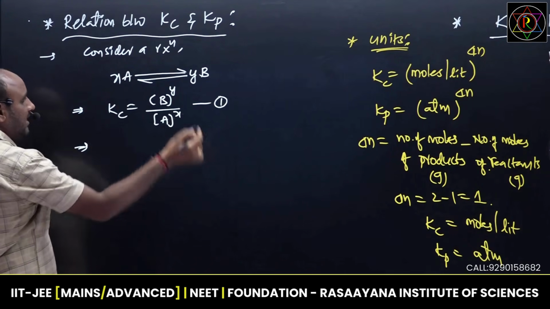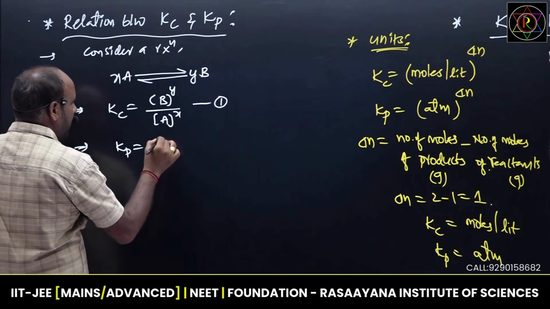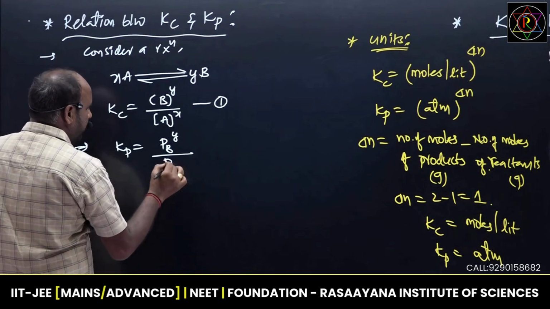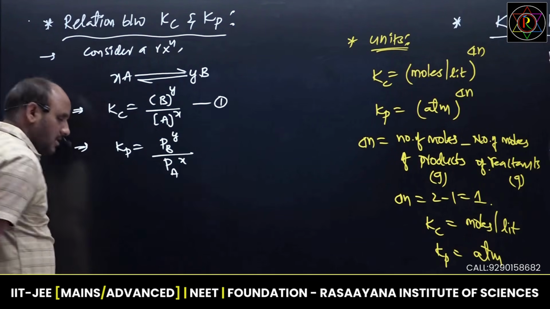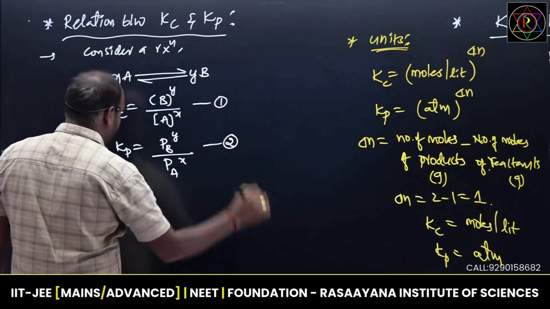Similarly, we will get the Kp value. Kp means partial pressures. Kp is equal to the partial pressure of B power Y divided by the partial pressure of A power X. So this is equation number 2.